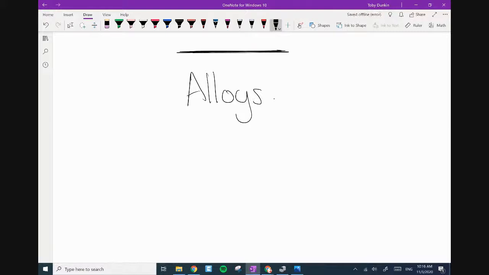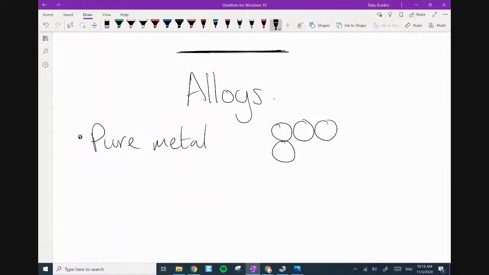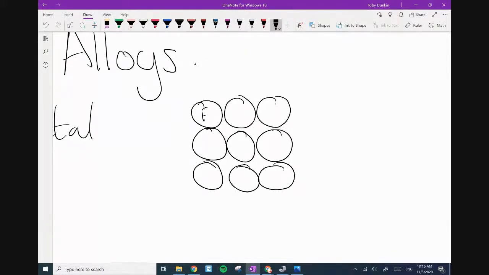Okay, really easy for Edexcel. Pure metal. Diagram. Pure metal. All the atoms are the same. I'm going to go for a classic. Here's iron, iron, iron.